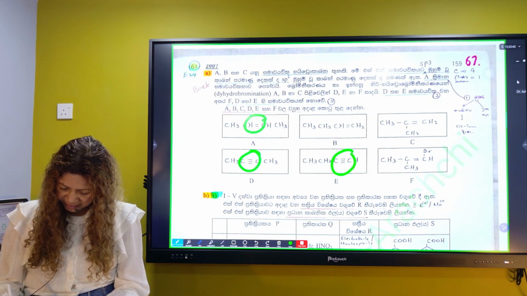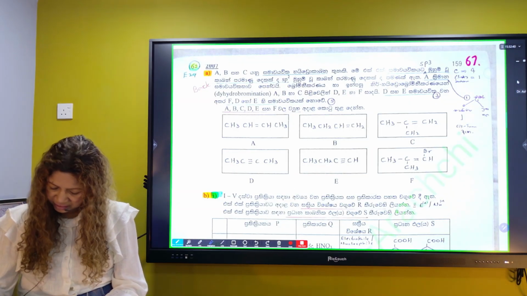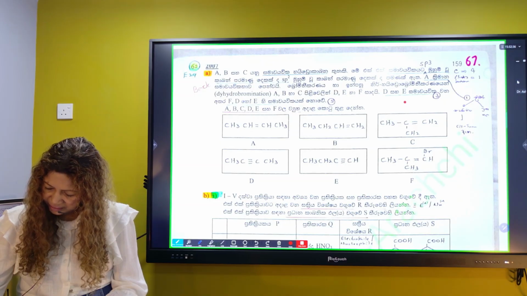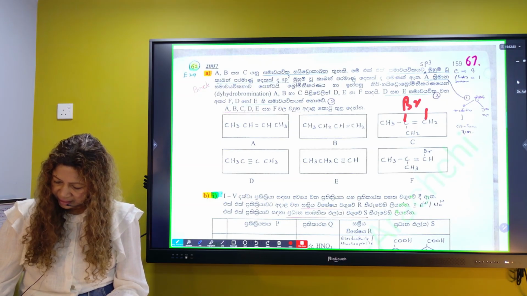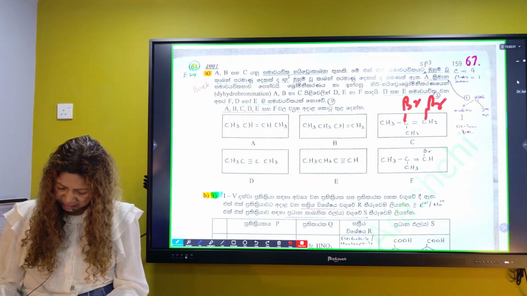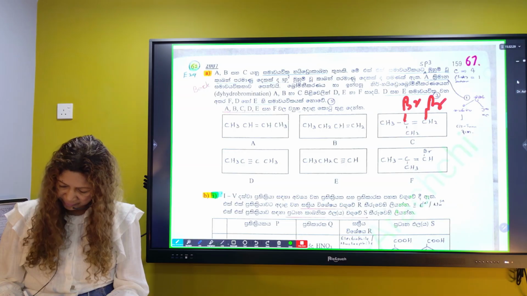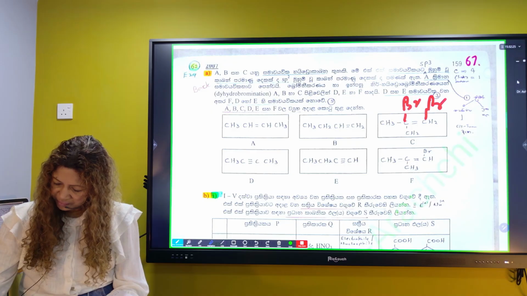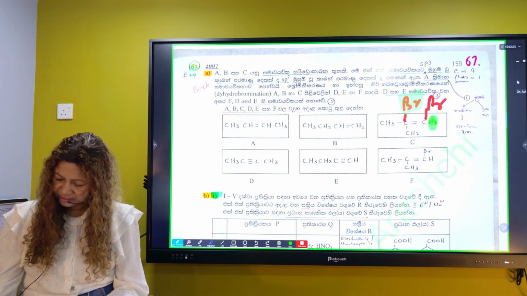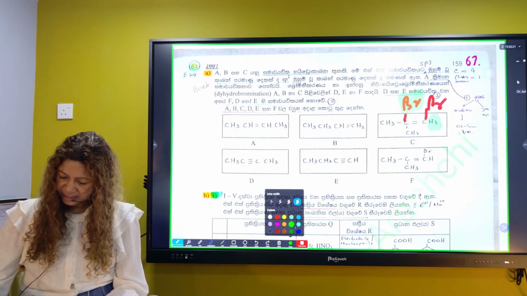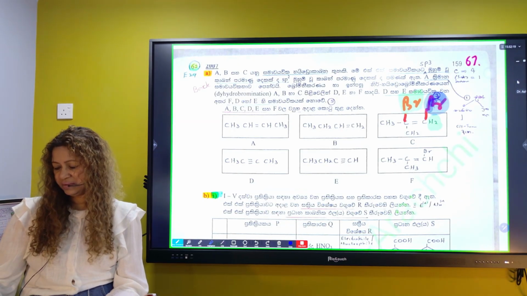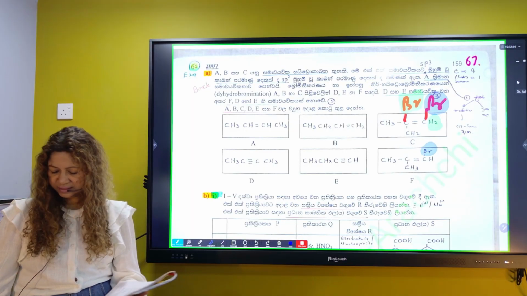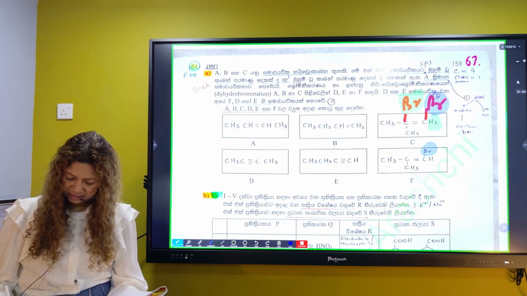At the last one, you join two bromines, bromine here and bromine here, and this bromine gets away with this hydrogen. But there is no hydrogen for this blue bromine to get away, so the blue bromine just exists as it is. These are the structures.